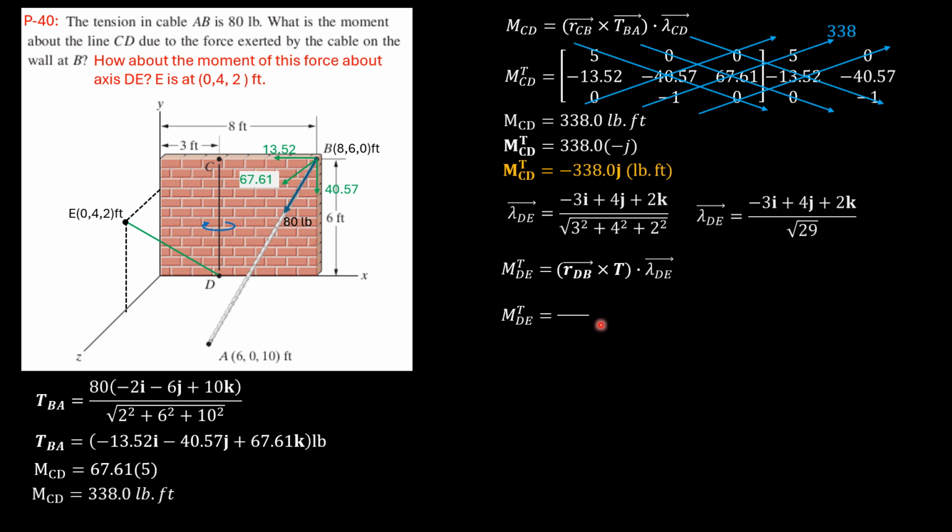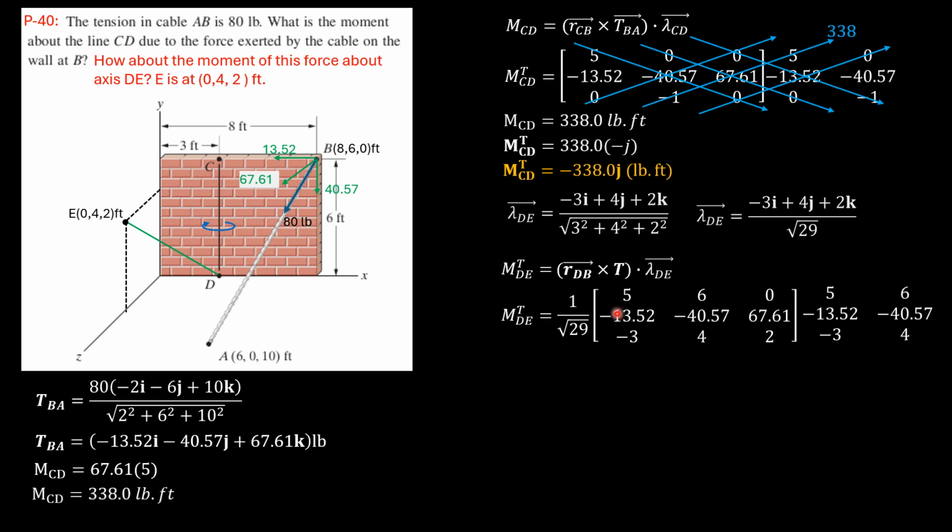So this is RDB 5, 6, 0, then the tension force, whose components remain the same. And this time, unit axis vector DE, which is negative 3, 4, and 2, we factor out 1 over square root of 29 to simplify the calculations. Then we copy the elements of the first two columns, then perform the product.